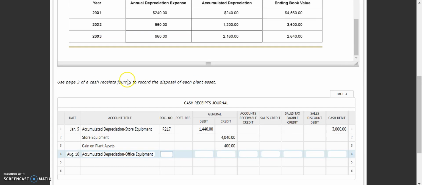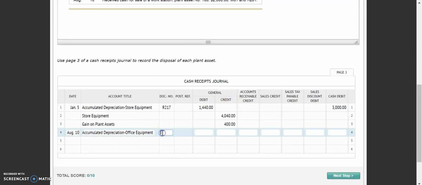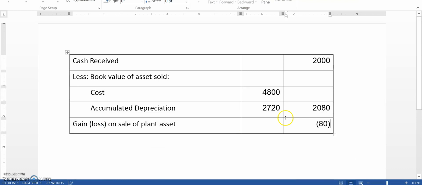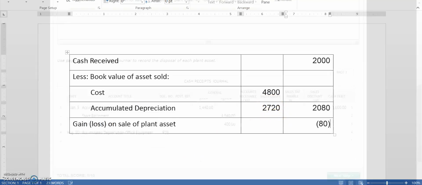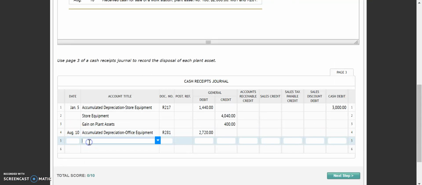Our receipt number is 281. So our accumulated depreciation, remember, is that total amount where we had to add that partial year, 560, so we get a total of 2,720. And then we have to credit our store equipment.